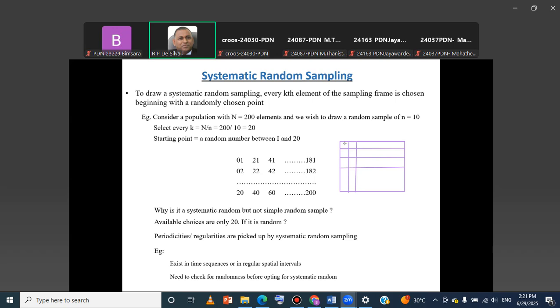Can you think of any example where systematic random sampling is better than simple random sampling? Any real world example? I'll give you 2 minutes to think. An example where systematic random sampling will produce better results.